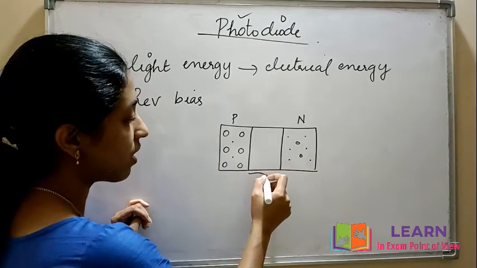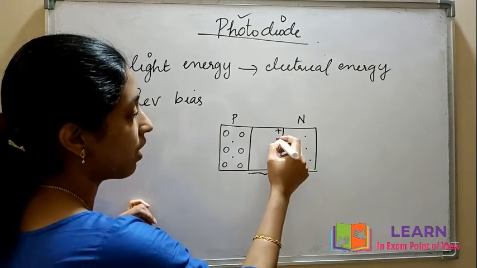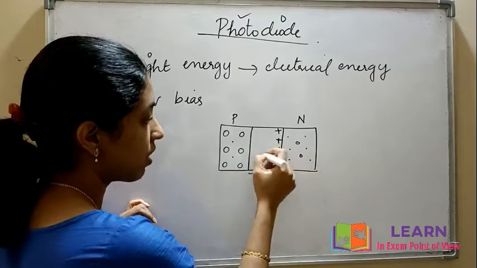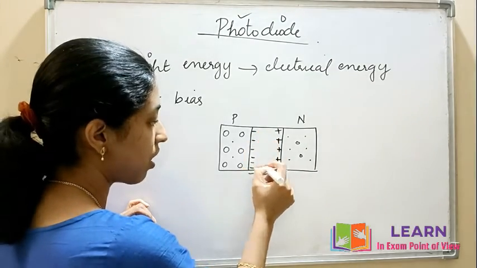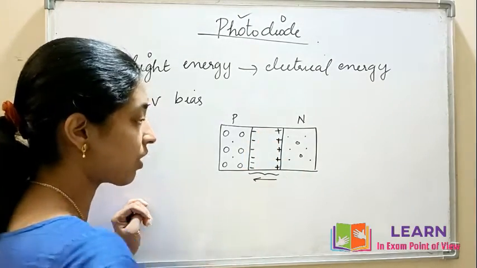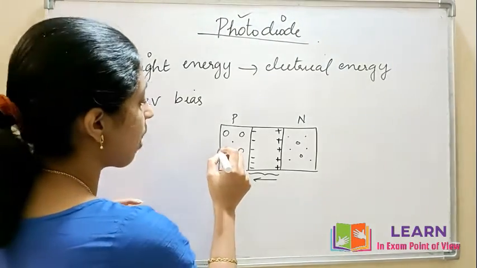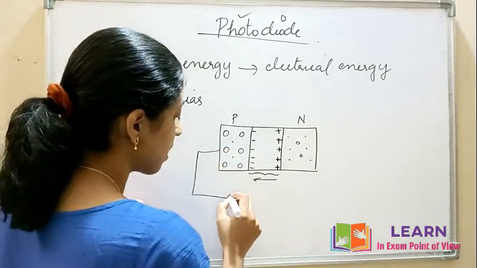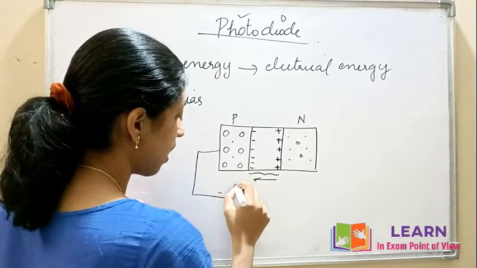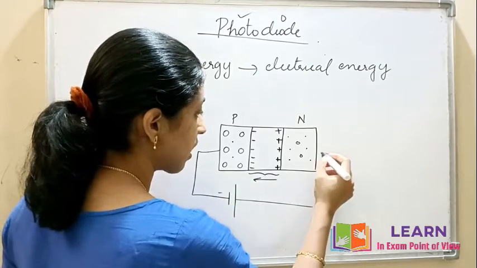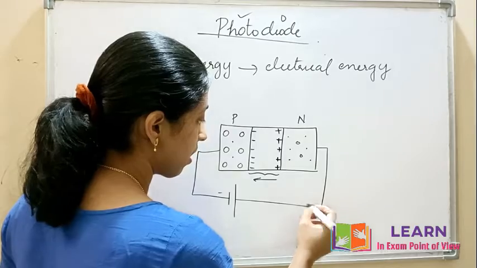This is the depletion layer. Here comes positive charge, here negative charge, so there will be an electric field. Now in reverse biasing, how will we connect? P is connected to the negative terminal and N is connected to the positive terminal.